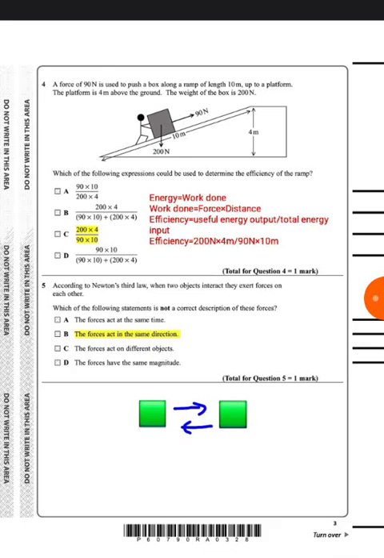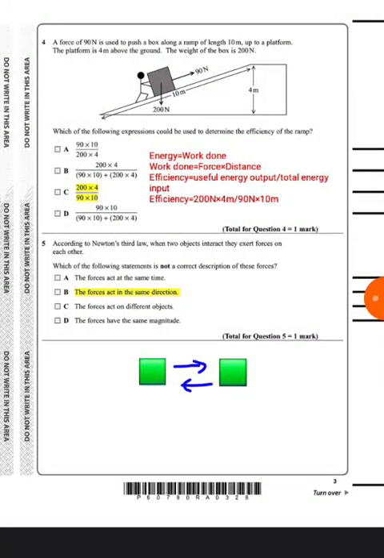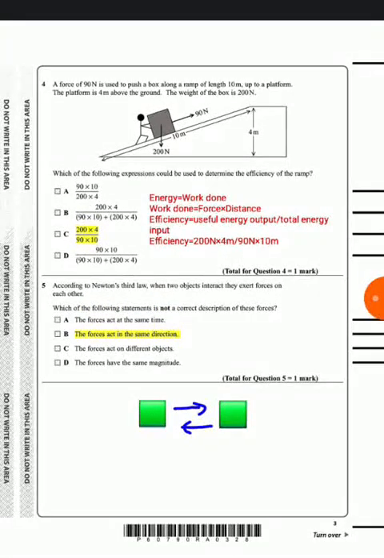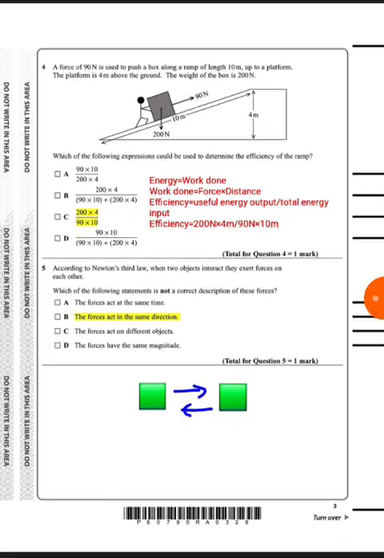Question number 5. According to Newton's third law, when two objects interact, they exert forces on each other. Which of the following statements is not a correct description of these forces? We know Newton's third law is every action has an equal and opposite reaction. For example, if we take two people going towards each other and they collide, there is an equal and opposite reaction.